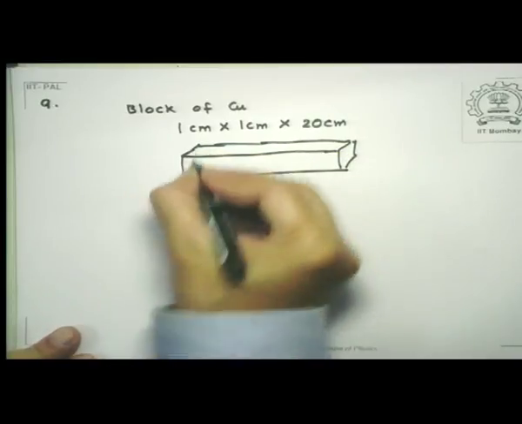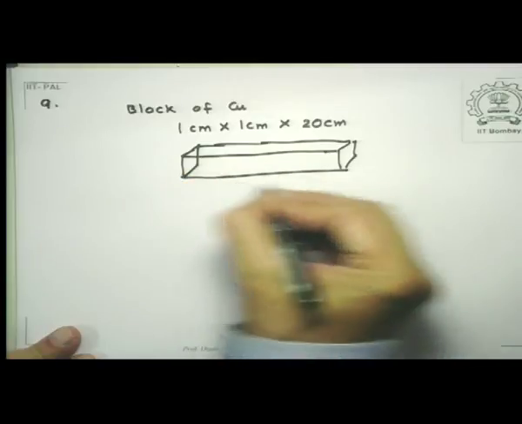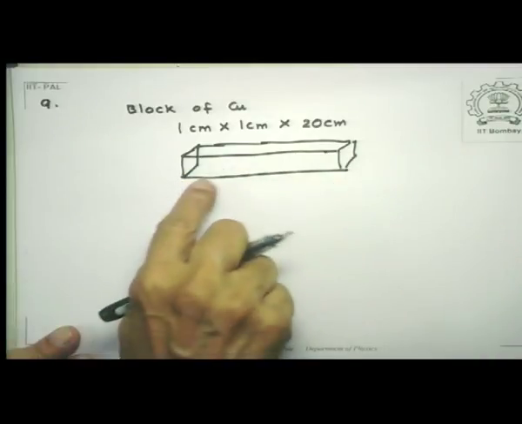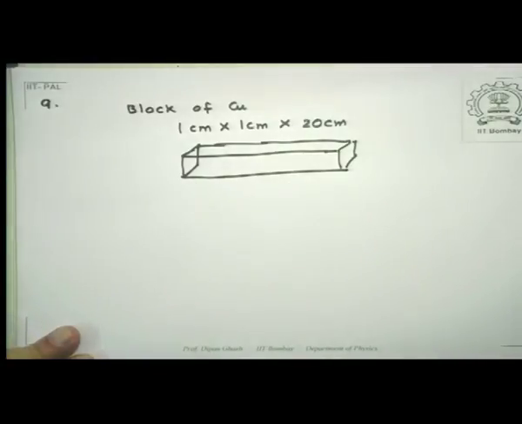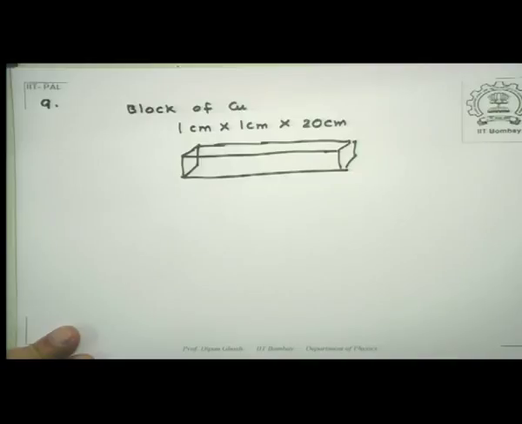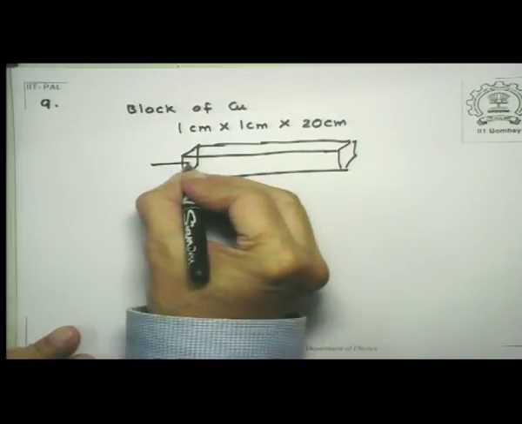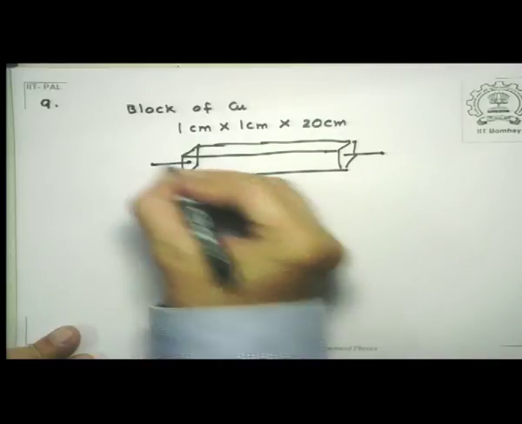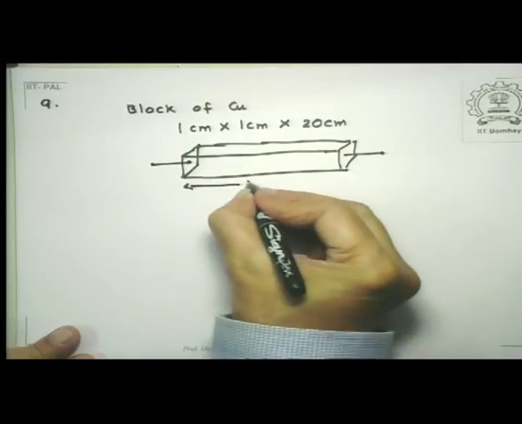Now, one of the points that you have to realize is that the response of this to the electric field would depend upon which way you apply the potential difference. So, for example, supposing I decide to apply the potential difference between the long ends. So, this is my L, which is 20 centimeter.